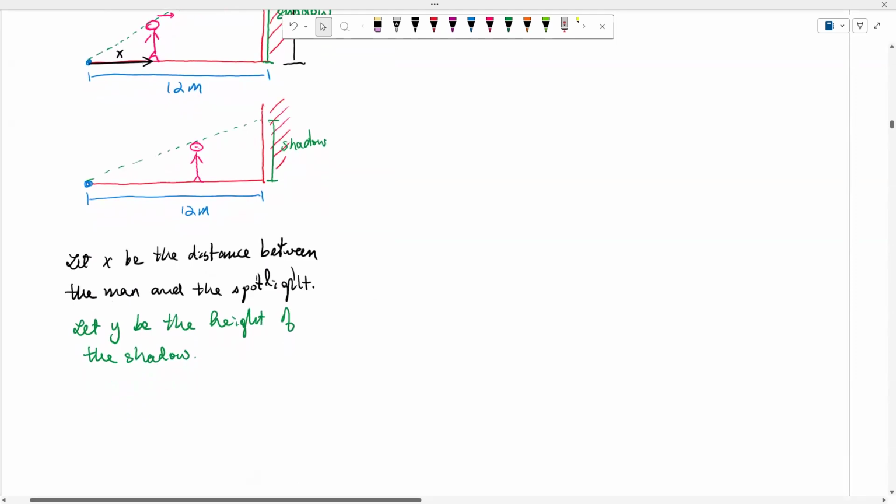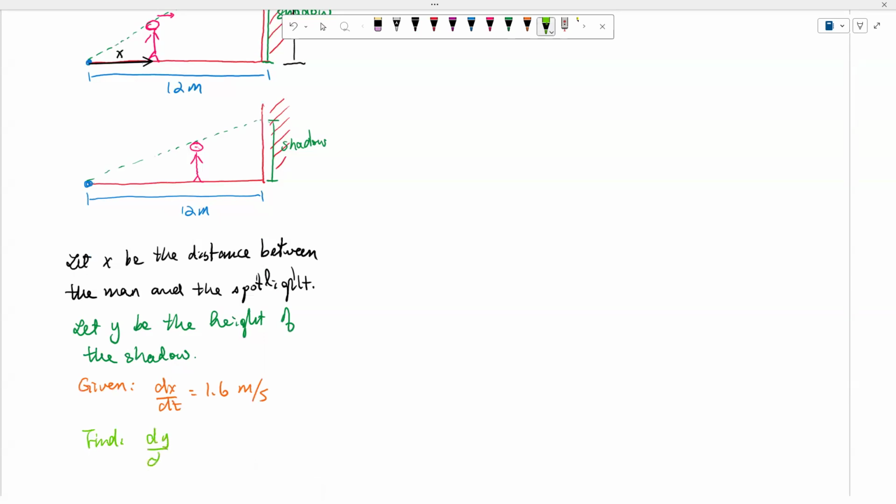What do we know? We know that dx/dt is equal to 1.6 meters per second, and what we are looking for is dy/dt.